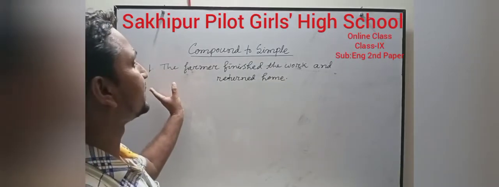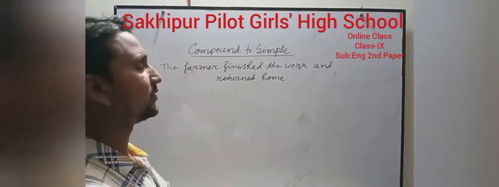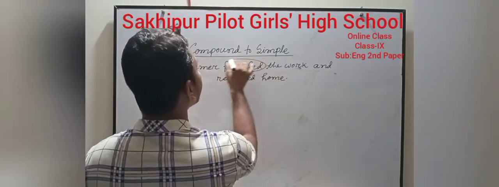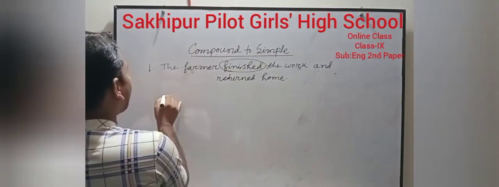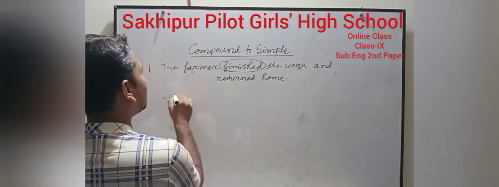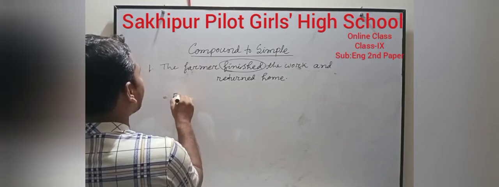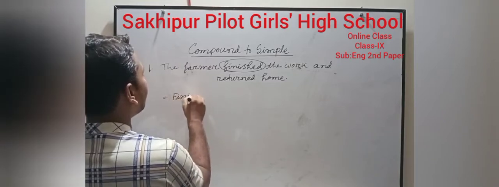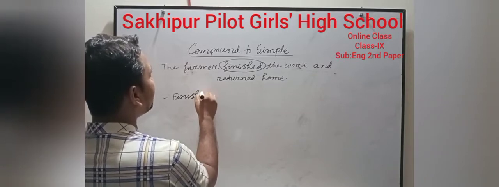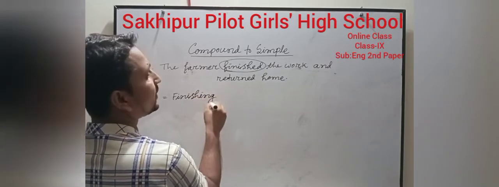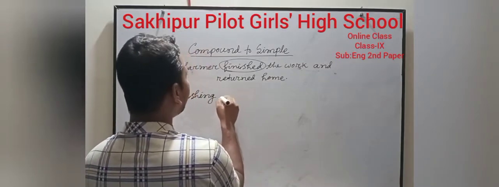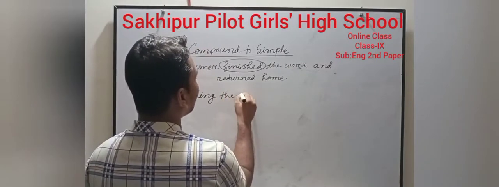If we want to change this sentence into simple, at first we have to change the verb of the first clause into a participle. That means you have to use the base form and add ing with this base form of the verb. Then you have to write the rest of the part before and: the work.